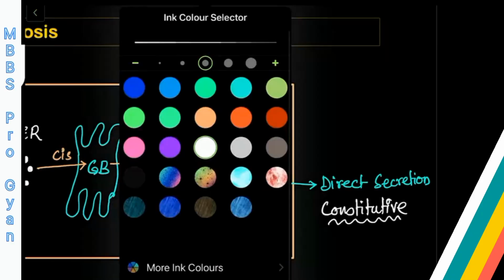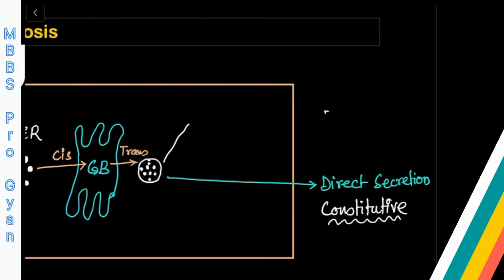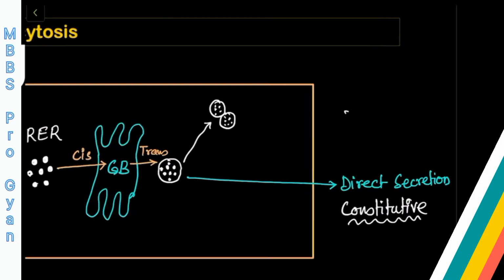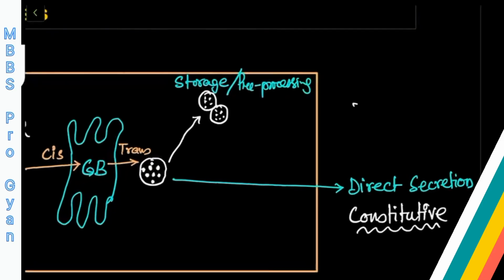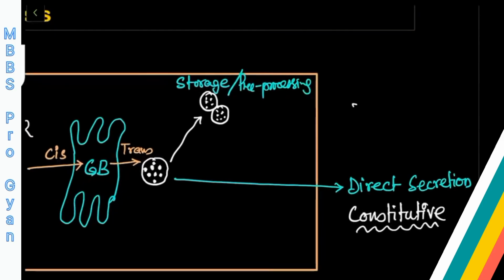But in the second type, these vesicles will reach certain places of the cell where they will be stored for some more time. What I'm saying is, these vesicles will move to a particular portion of the cell where there will be temporary storage, and during this temporary storage there will be pre-processing of the vesicle.